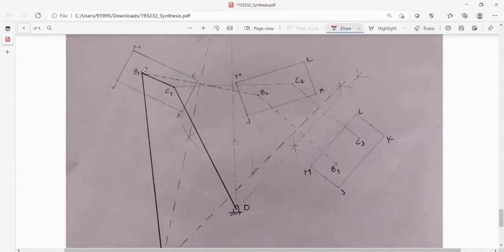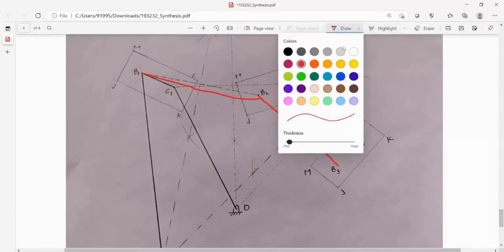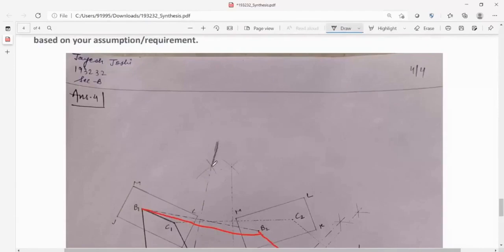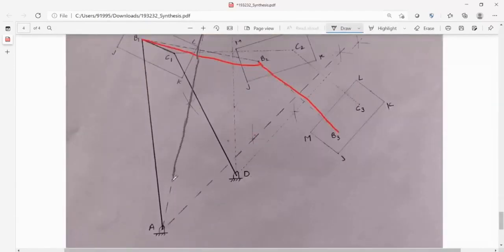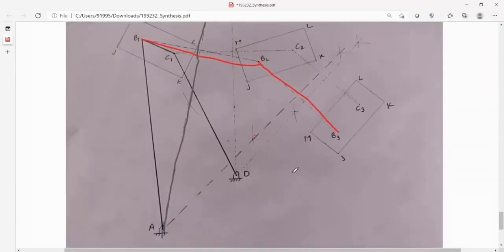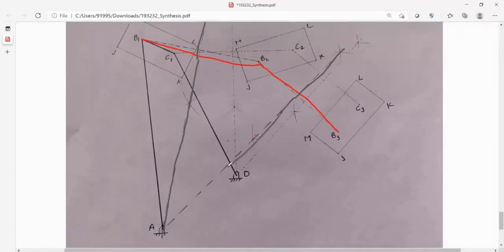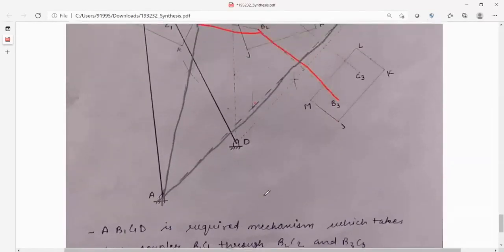So we will join B1, B2 and B2, B3, and we will draw mid normals to them: mid normal to B1, B2 and mid normal to B2, B3. They will intersect at a point. We will name it A. So this is our first pivot point.